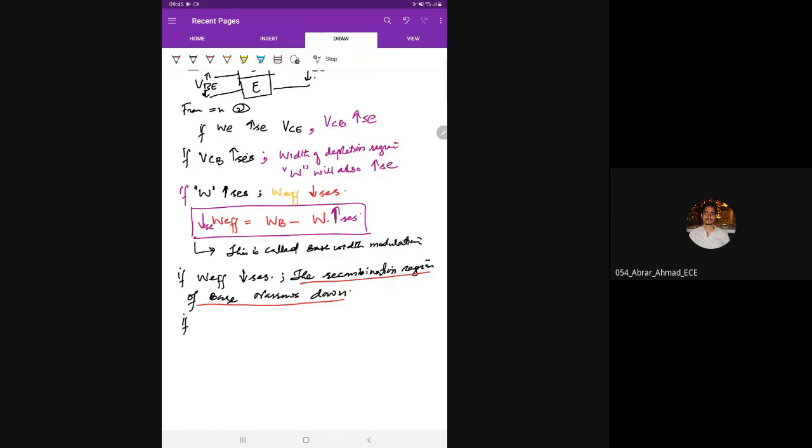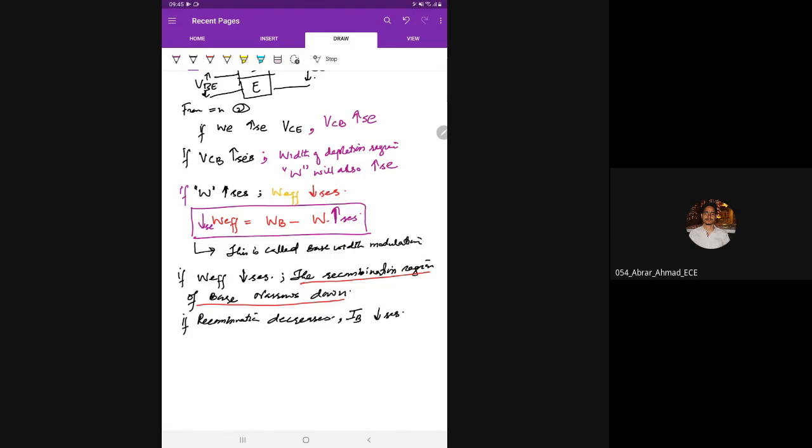So if recombination region decreases, it would mean recombination overall decreases. If recombination decreases, then base current IB also decreases. Okay, IB also decreases.